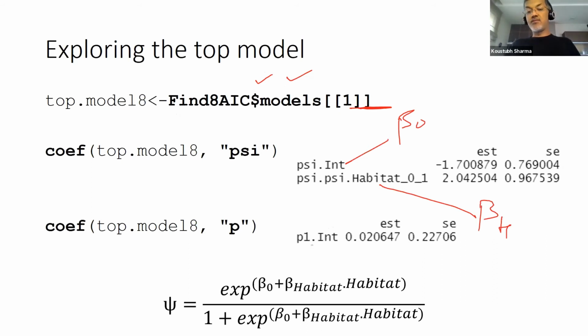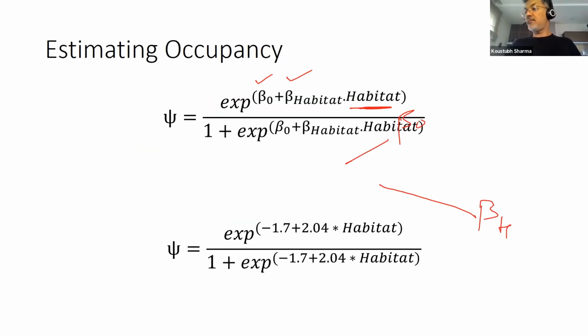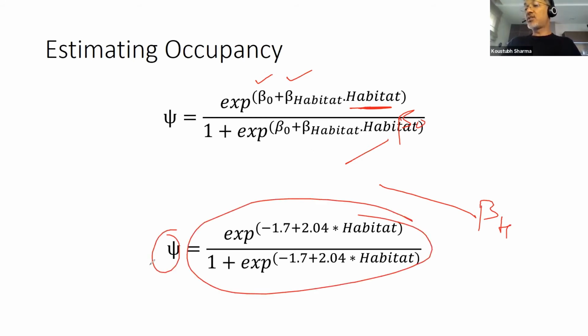Now, if I use these values in the estimator, you can use this equation, and for each site you will get a value of psi. That's all this equation is doing. It has given us a value for the coefficients beta 0 and beta habitat. You multiply it with the habitat's value. In our case, it's ranging between minus 2 or 3 to plus 2 or 3 because we have standardized it.